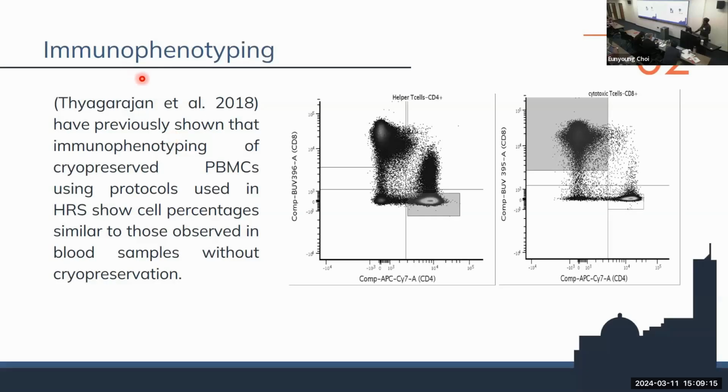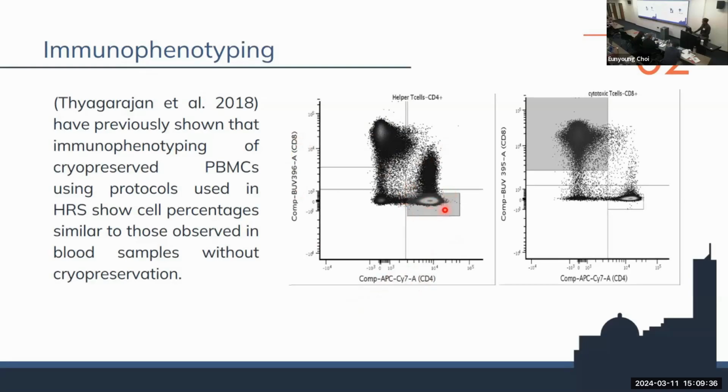After immunophenotyping, we apply a technique called gating to identify subsets within the immune cells. So using gating, we identify naive and memory subsets. This graph indicates the gating strategy. Here the x-axis is the CD4 marker and the y-axis is the CD8 marker.